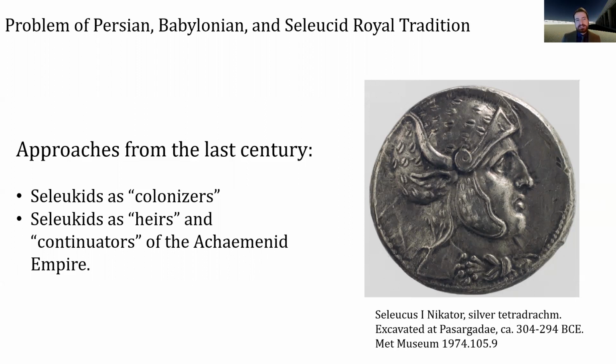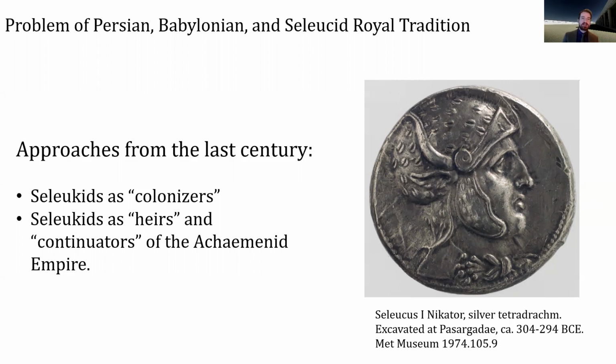What is actually the case, as more and more archaeology has started to show, is that the Seleucids were a bit of both, that they toed the line between both of these. Yes, they did colonize and in certain cases force Greek institutions on the locals, but on the other side, they very much slid into and incorporated themselves into the local tradition as it existed under the Achaemenids.